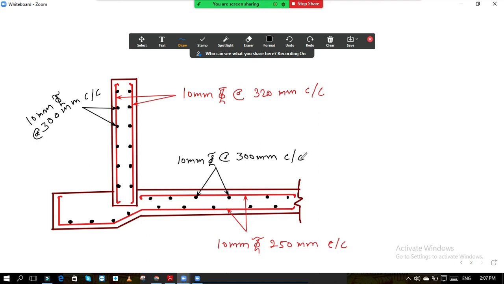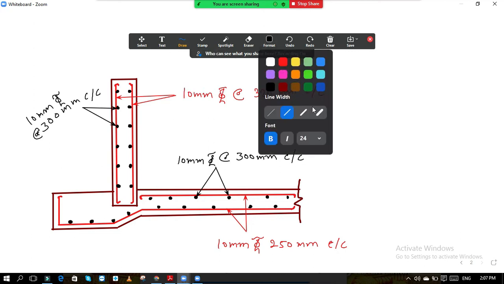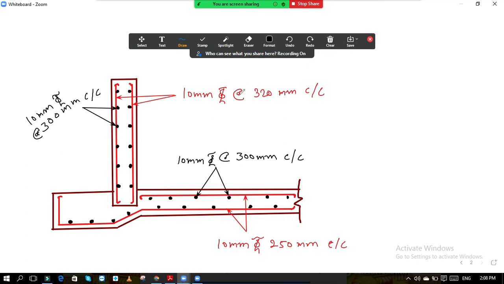Okay, so draw this diagram, and for your more information I'm telling you one thing. If you see this joint here, they say that it is a flexible joint, but in practice it is neither a very rigid joint nor a very flexible joint.